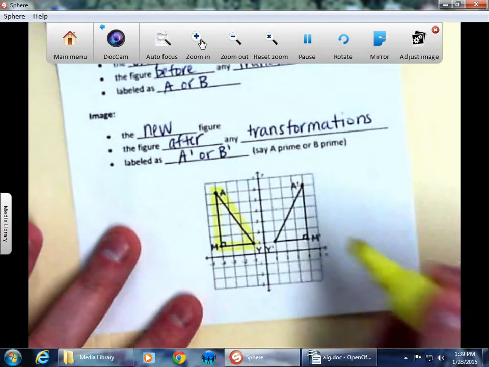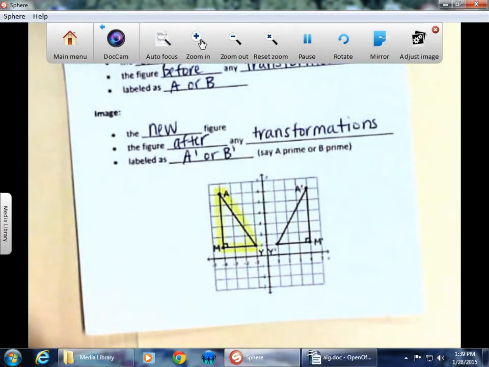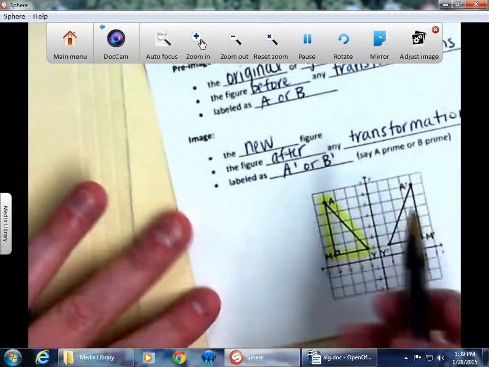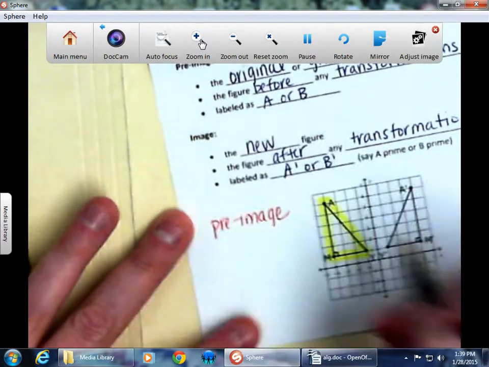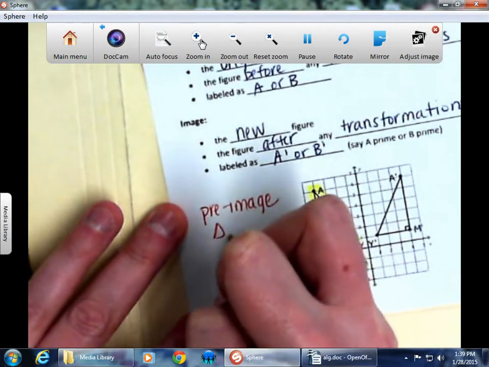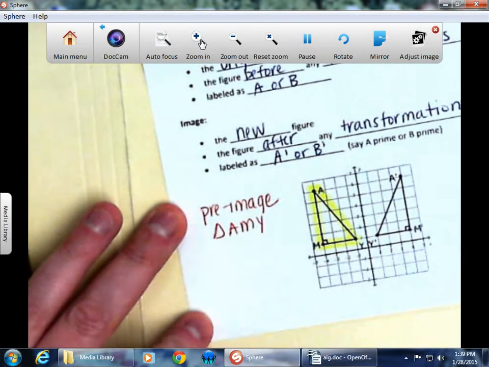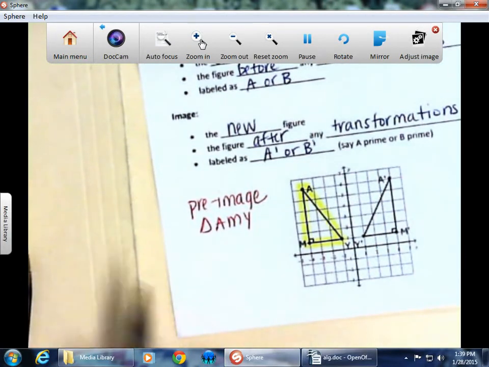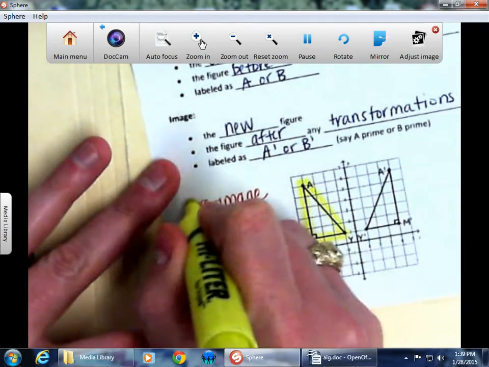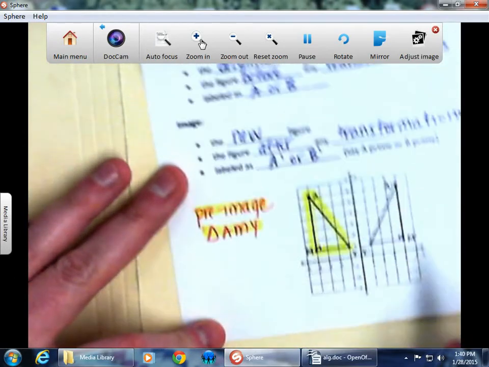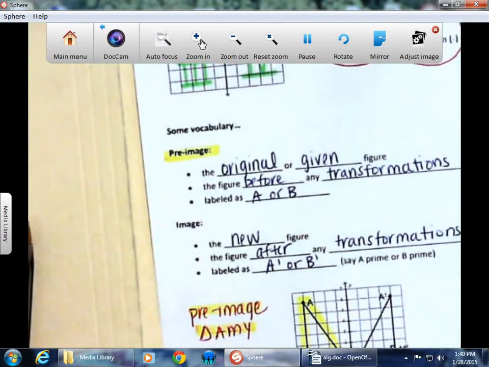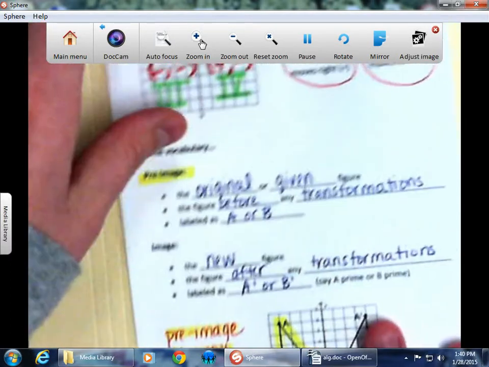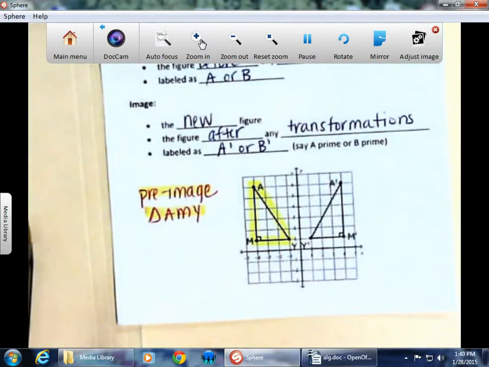This is your pre-image. So to the side, write the word pre-image, and we're going to write triangle AMY. I want you to go ahead and highlight the word pre-image here, and then highlight the word pre-image up here where your vocabulary is. Then the image is the one that has been changed, so write the word image.